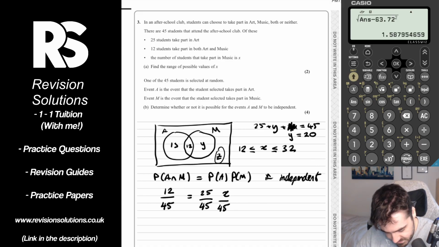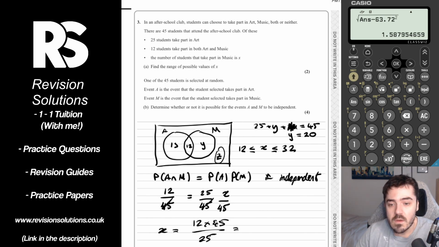So if we solve this for X, we're going to be able to see if it lies in the possible range. So first off, if we multiply both sides by 45, we can get rid of one of the 45s. And then if we just rearrange, we could multiply by another 45 and divide by 25. So X would be 12 times 45 over 25.